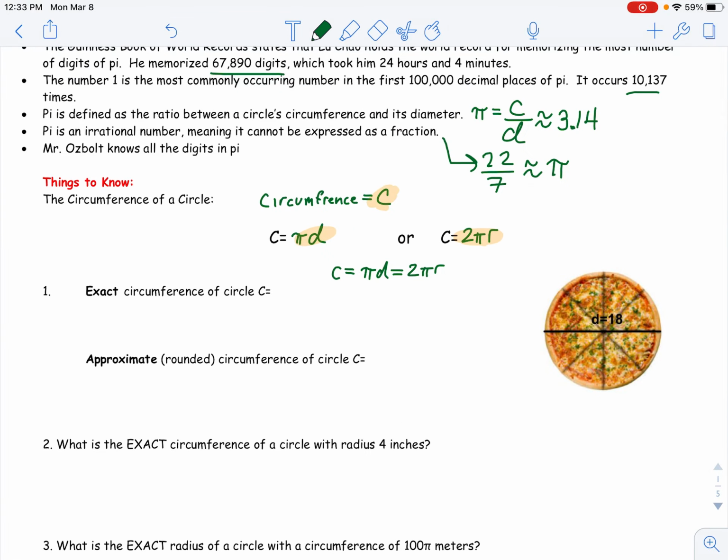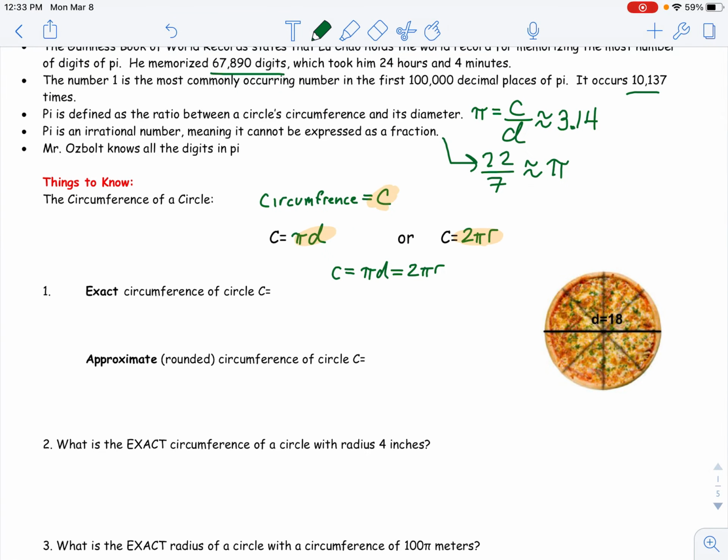Arc length is a portion of C, for circumference, and 2 pi r is just the circumference. So this ratio, this proportion, is just a portion of the whole: 360 over 360, a portion of the circumference over the whole circumference. We're still matching up corresponding parts.